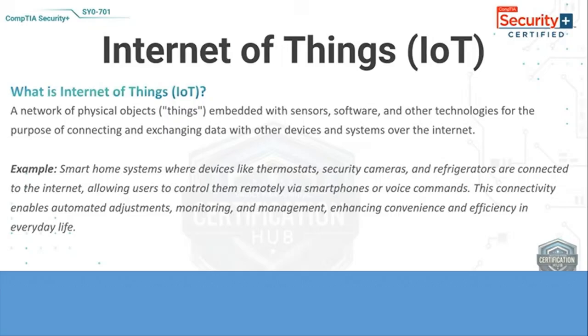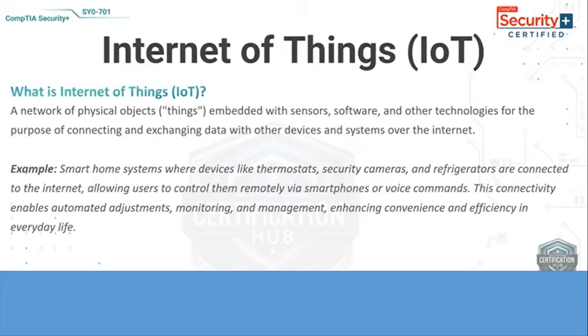Internet of Things is a network of physical objects embedded with sensors, software and other technologies for the purpose of connecting and exchanging data with other devices and systems over the internet.